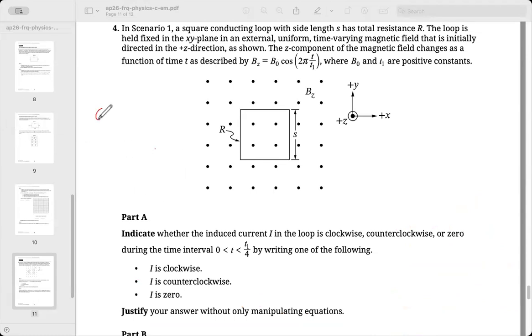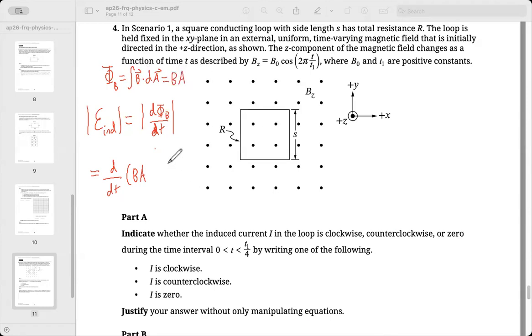So we can start off by calculating the induced voltage, which is going to be given by the magnitude of the change in magnetic flux with respect to time. Since the magnetic field does not vary with space, this is not too bad, because we're going to have d/dt of B times A, because flux is the integral of B dot dA, which is equal to BA in this case.